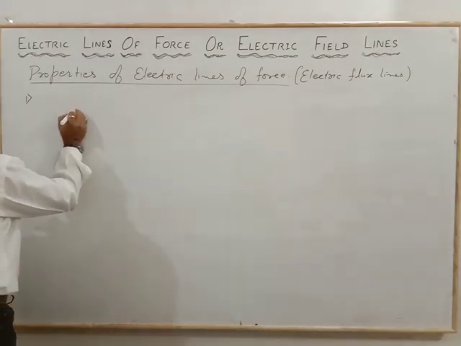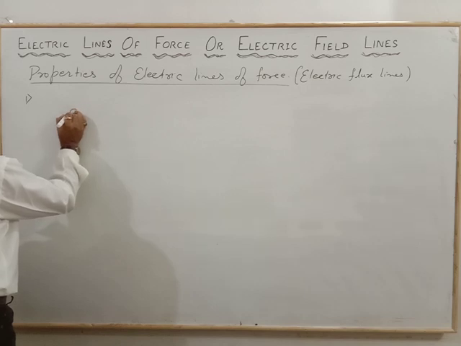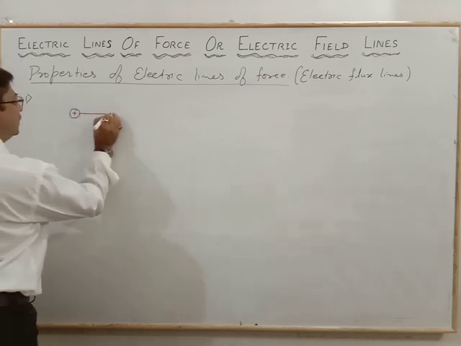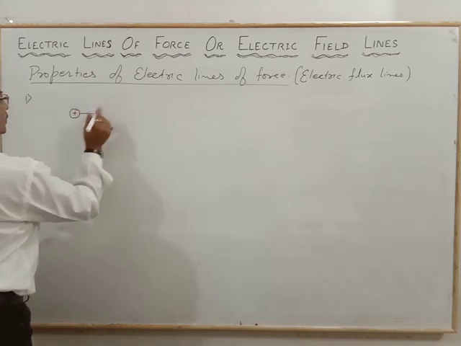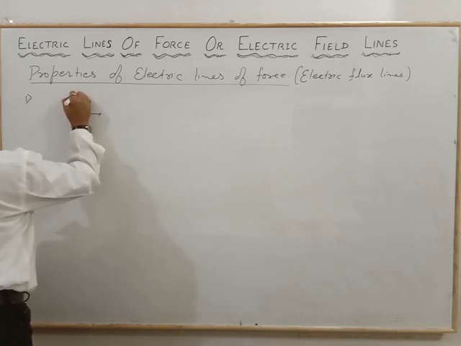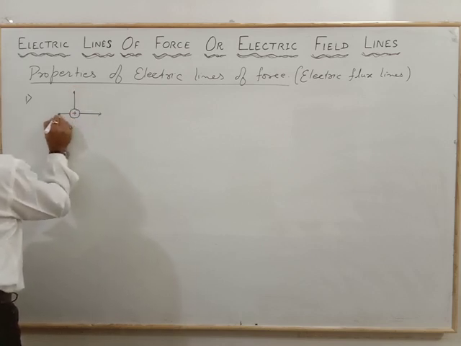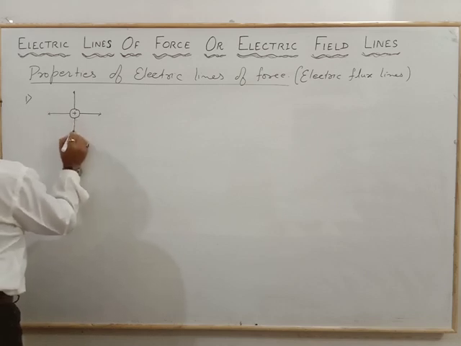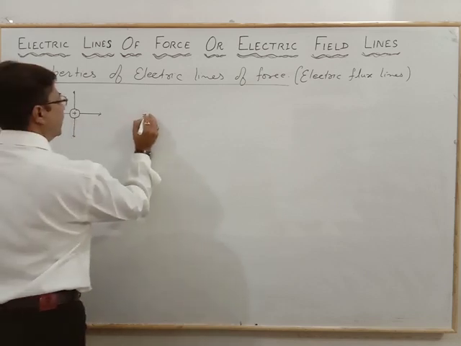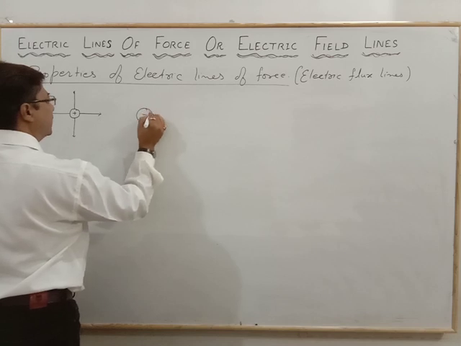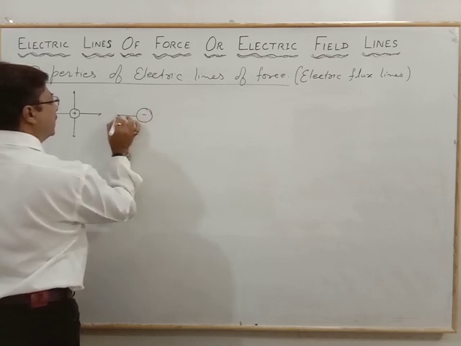The electric lines always start from positive and end at the negative. Here it is the negative part, and it will end at the negative.